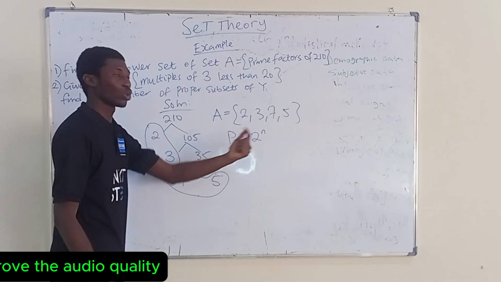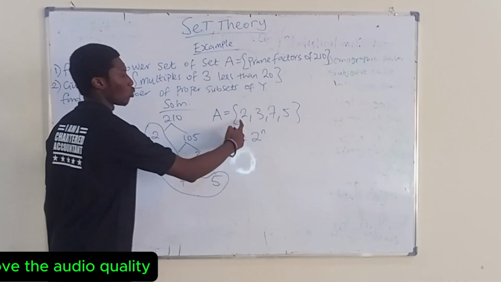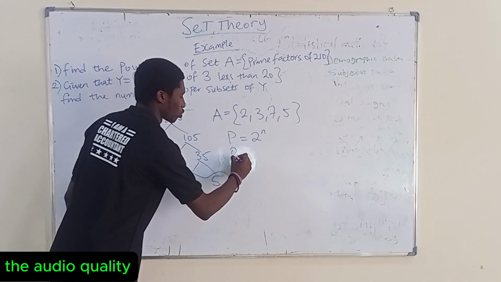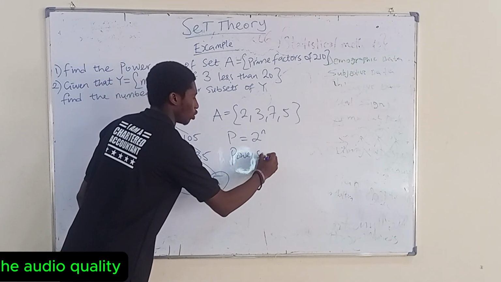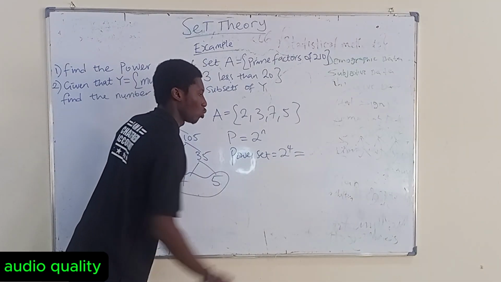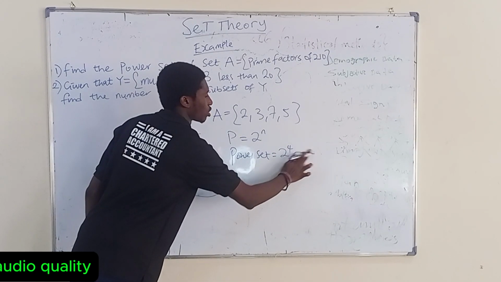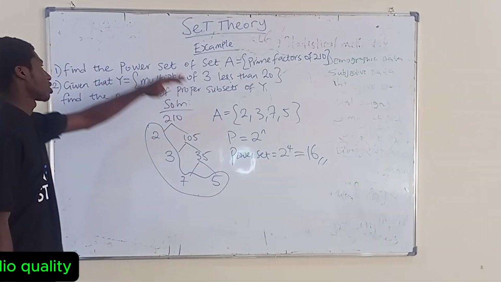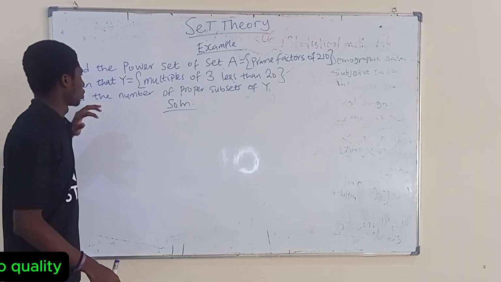Now n is the number of elements: 1, 2, 3, 4. We have 4 elements. So the power set will be 2 raised to the power of 4, which is 16. And this is the answer to the first question.